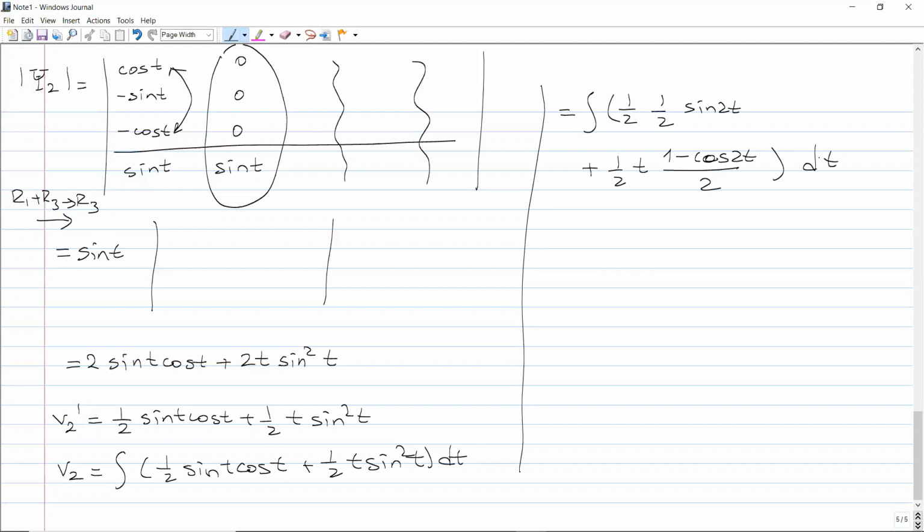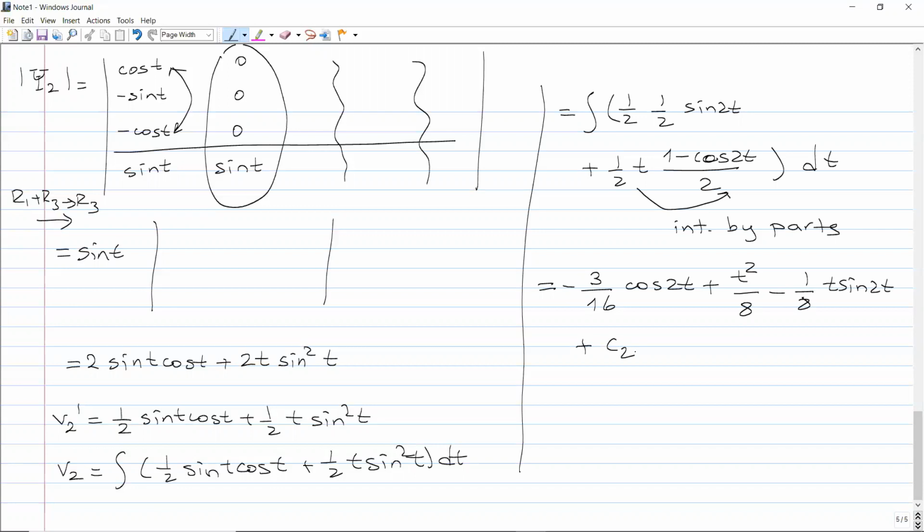And in order to integrate t times cosine 2t, again, you use integration by parts. So this integral gives you minus 3 over 16 cosine 2t plus t squared over 8 minus 1 over 8 t sine 2t, and plus the integration constant C2.